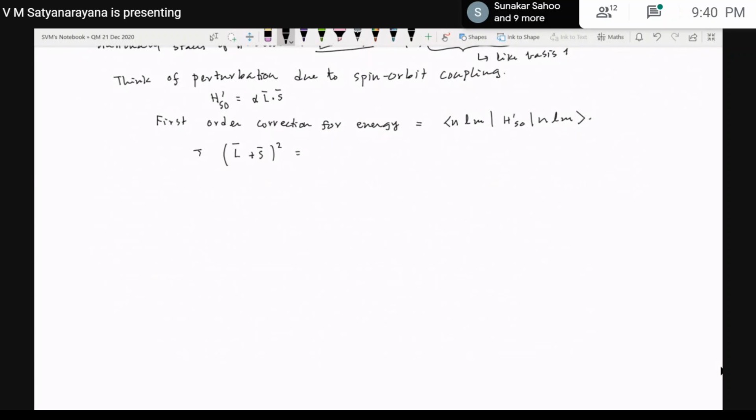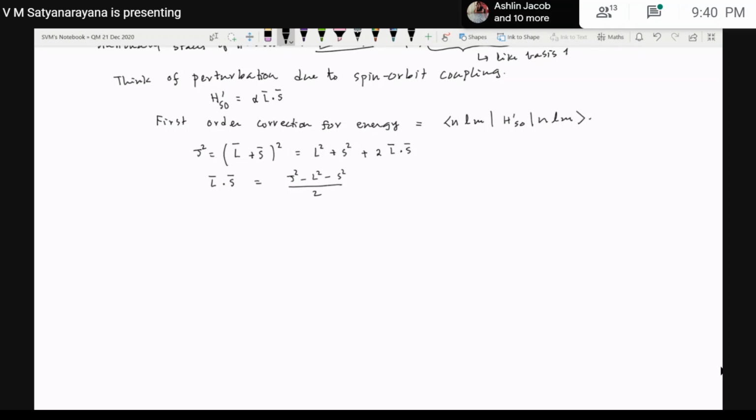So J square is equal to (L plus S) square, which is L square plus S square plus 2 times L dot S. So from here I can write L dot S to be J square minus L square minus S square, divided by 2.